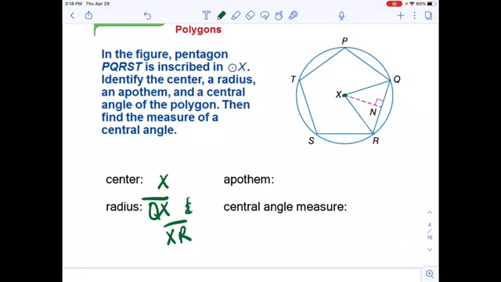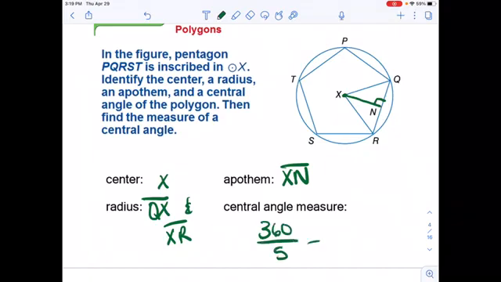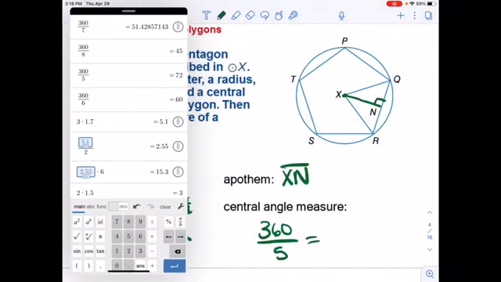The apothem is from the center to the side of the polygon, specifically at a 90 degree. So XN is the apothem. And the central angle measure, it's a pentagon, a 5-sided shape, so we take 360 divided by 5, and we get 72 degrees.